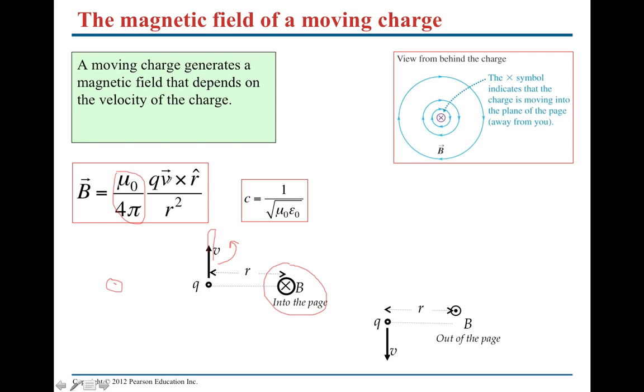So it's simply the charge multiplied by the speed of the charge, because the charge is moving at some speed, and we are taking the cross product with the unit vector r hat divided by r squared. r squared is simply the square of the distance between the position of the charge and the point of interest. r hat is simply a unit vector that gives us the direction of r. So this will be my r hat.